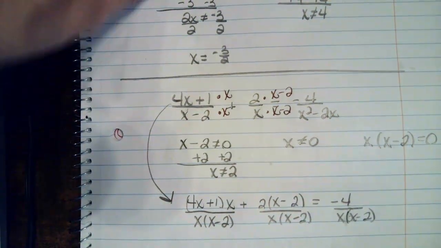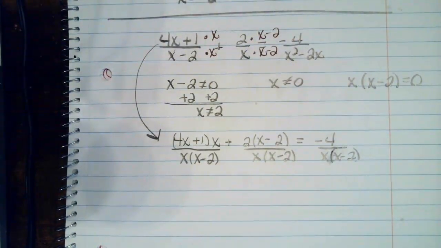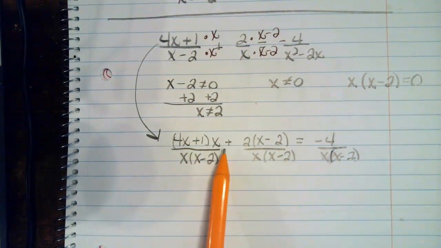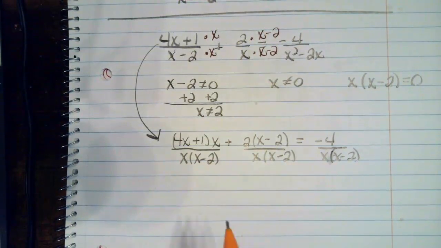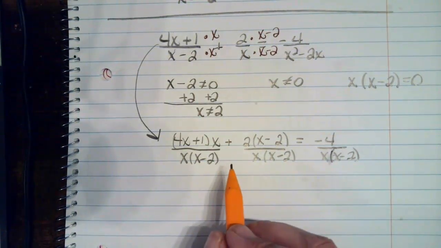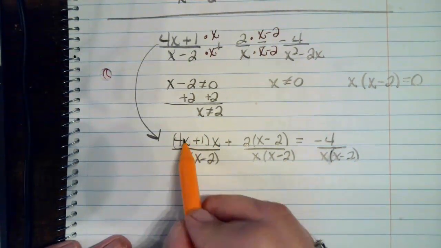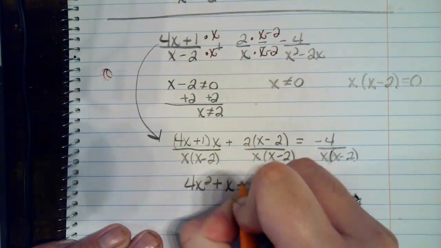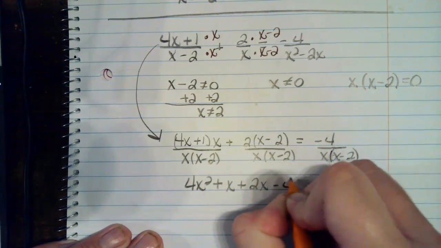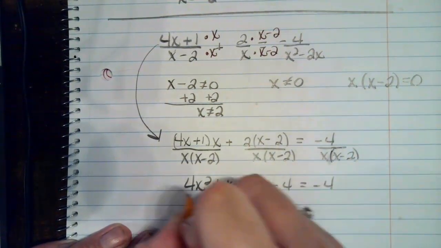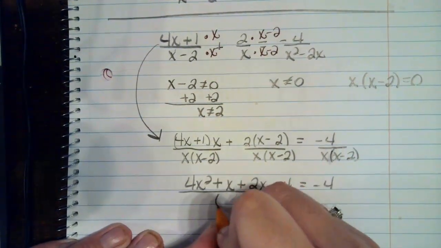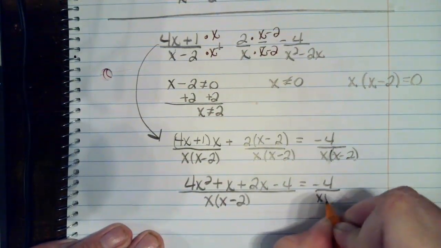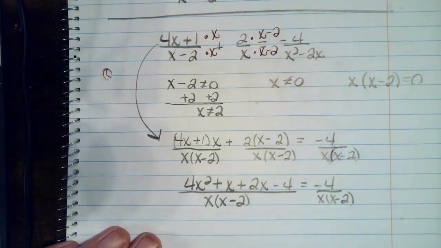Okay, so looking at this, my numerators are now going to be set equal to one another. I'm sorry, I said that wrong. I'm going to distribute this one, so I get 4x squared plus x plus 2x minus 4 equals negative 4, and all of that is over x times (x minus 2).